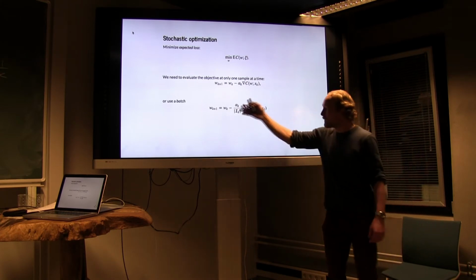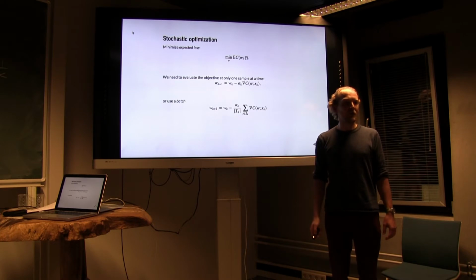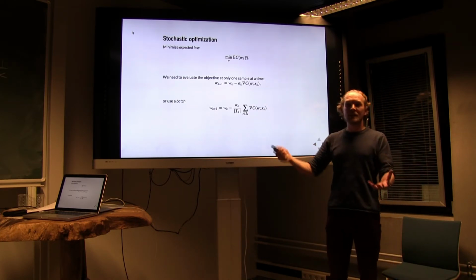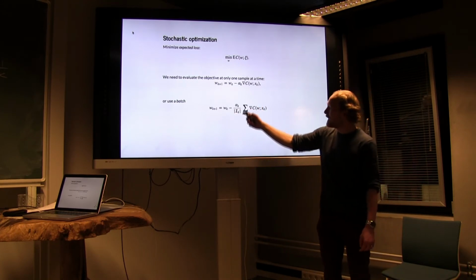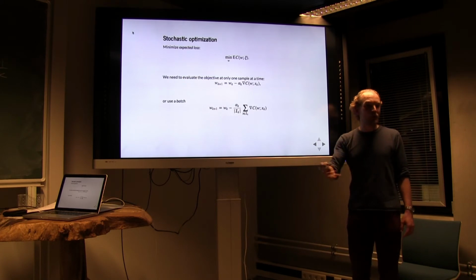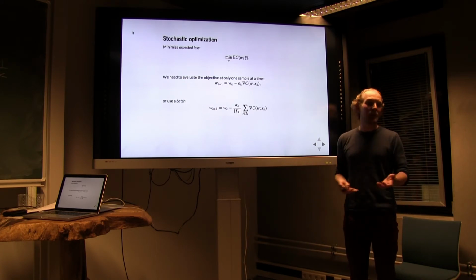One very popular thing in machine learning is to use a batch. You've probably heard the term batching before. It basically says, instead of taking one sample at a time, we're just going to draw a couple, take the average over those samples, and use that as a descent direction. There are many flavors again.